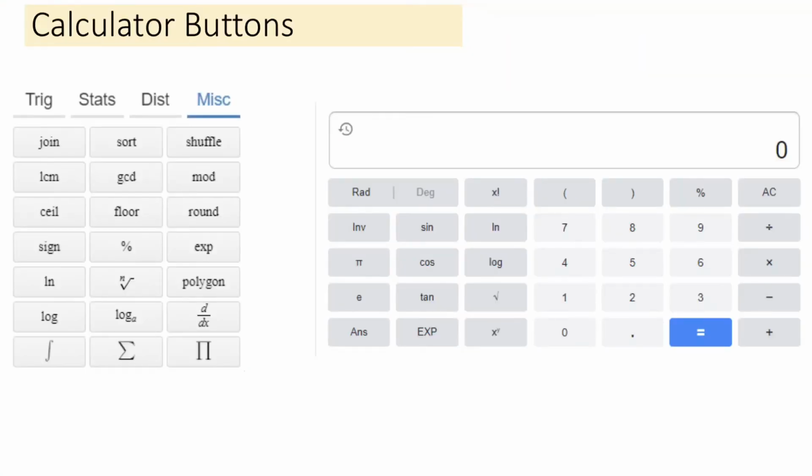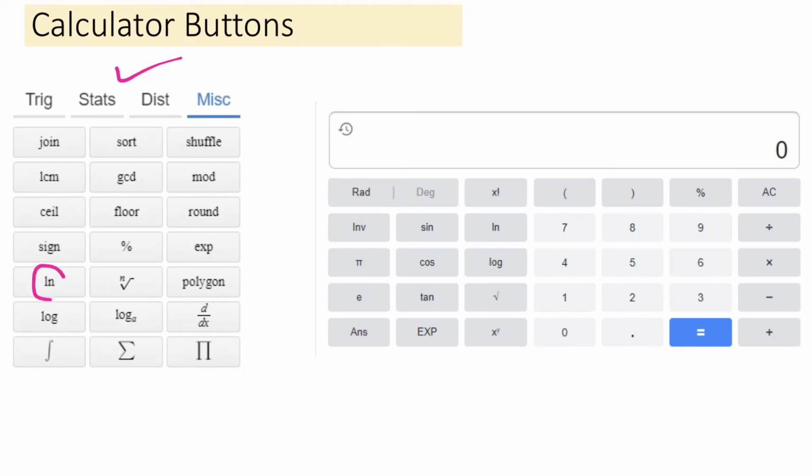Sometimes you need to use a calculator to take a log or solve an exponential equation. So generally you can see that they've got the right buttons to use. Like this one right here is your plate for Desmos graphing calculator.